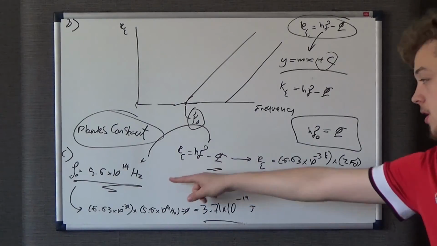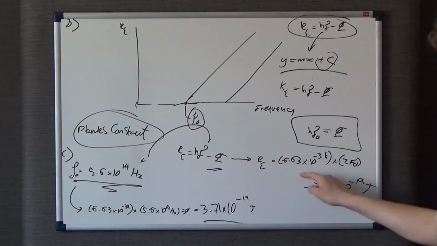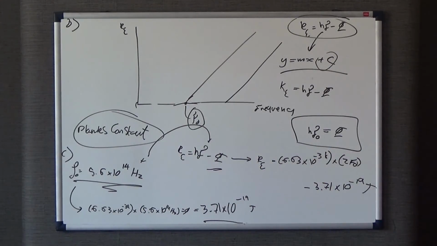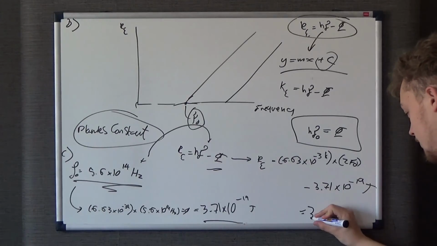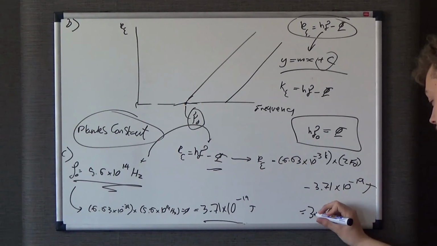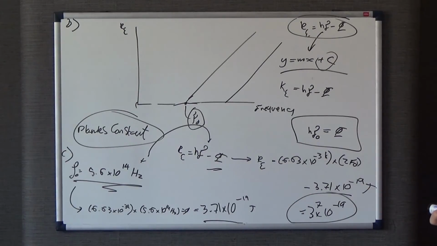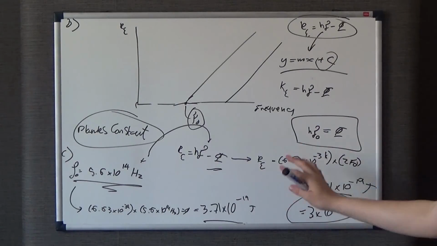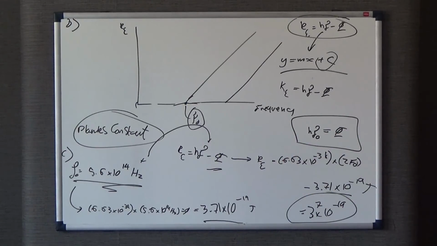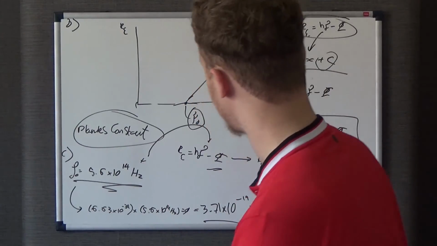You could just say it's 2 times that, take 1 times that, which is essentially what all this says, so therefore it's simply 3.7 times 10 to the minus 19. But as I say, you would probably do that full calculation, that's probably what you need to get the full marks. So that's the end of question 2C.